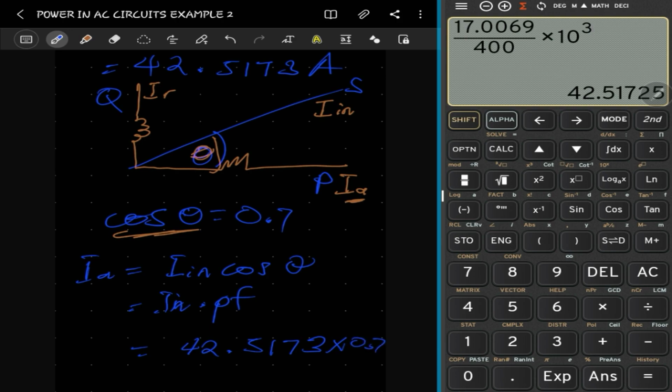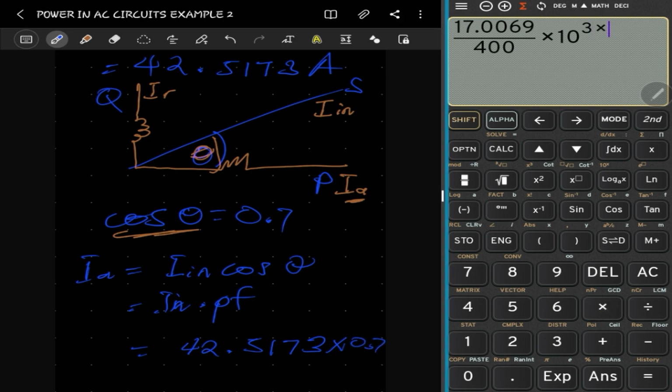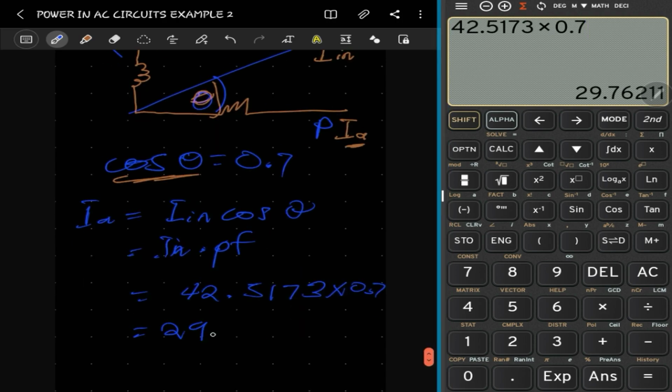So 42.5173 times 0.7, and that gives us 29.7621 amperes. The unit is very important, amperes, right? Okay, so we have the active component.